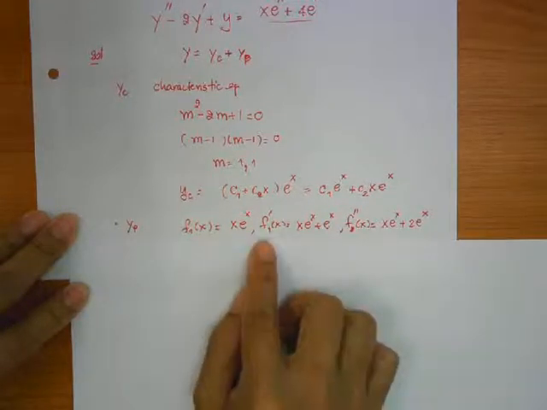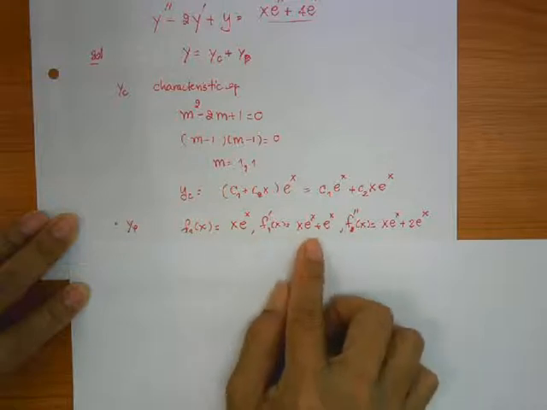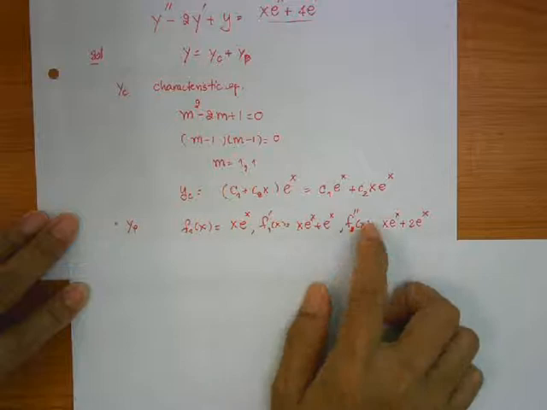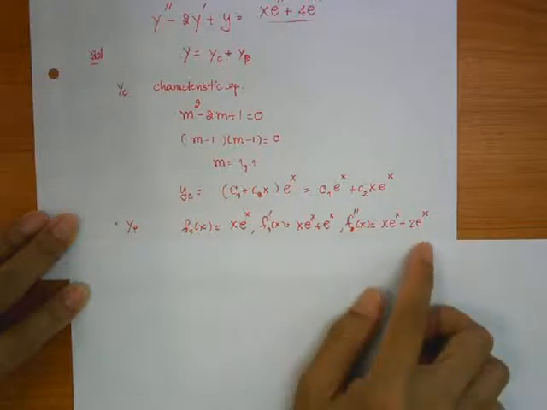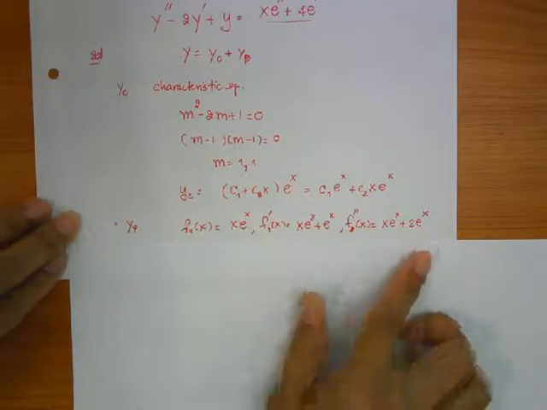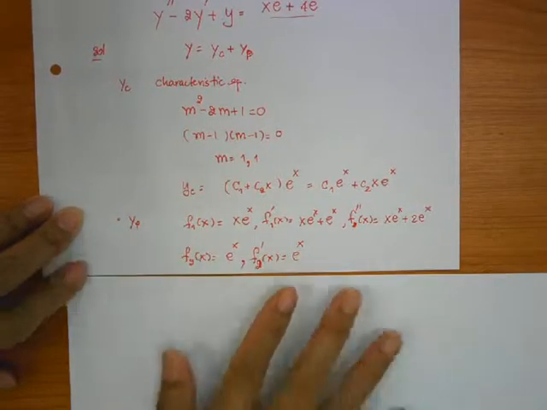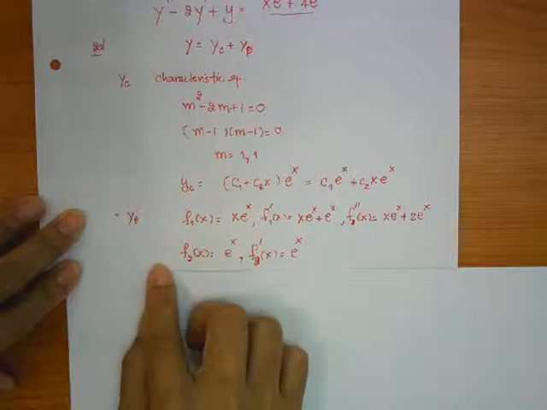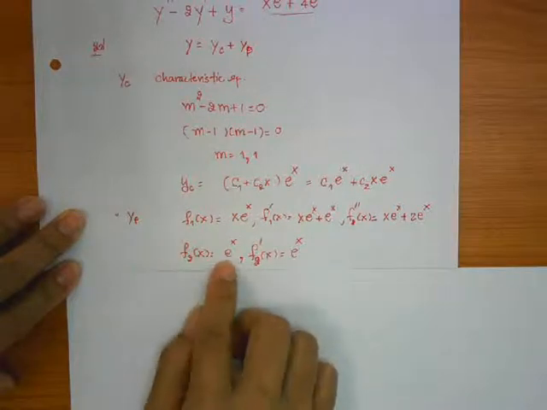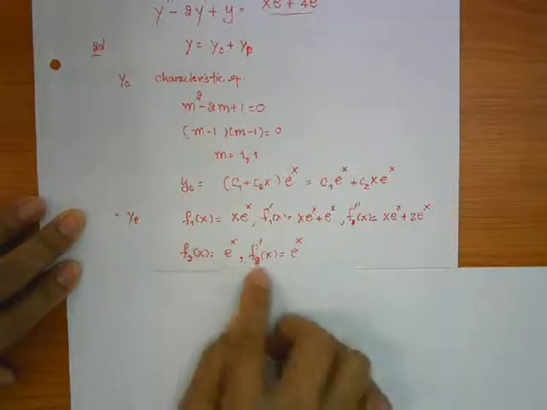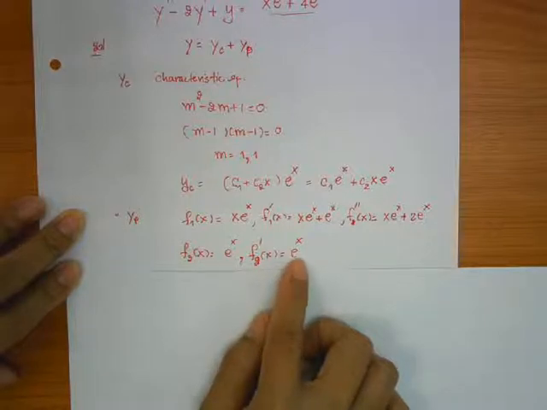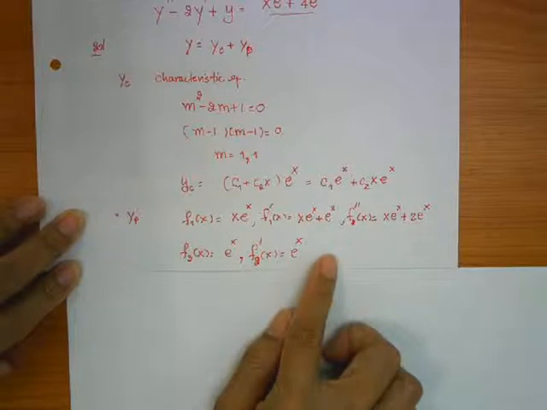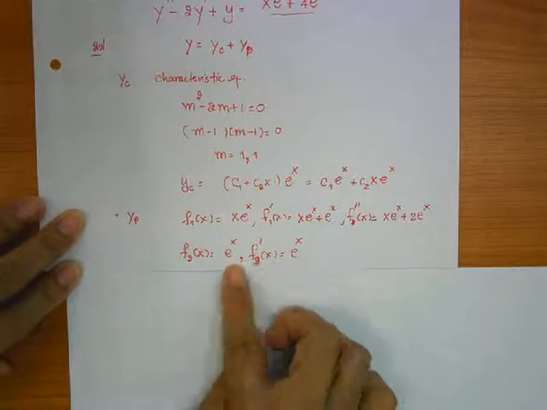We find out that for the first derivative, we got x times exponential of x plus exponential of x. And when we do the second derivative, we get the same function. So that means, okay, we do function 2, which is exponential of x. For exponential of x, we do the first derivative, we got exponential of x. So do we need to do the second derivative? No, because it's already repeated.